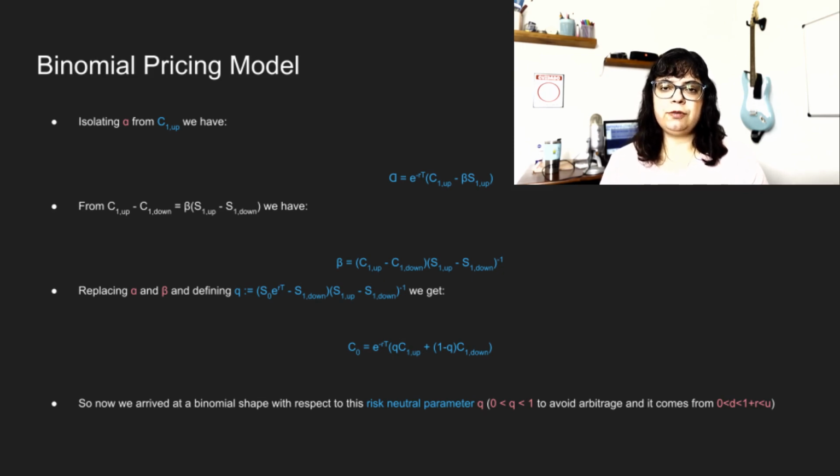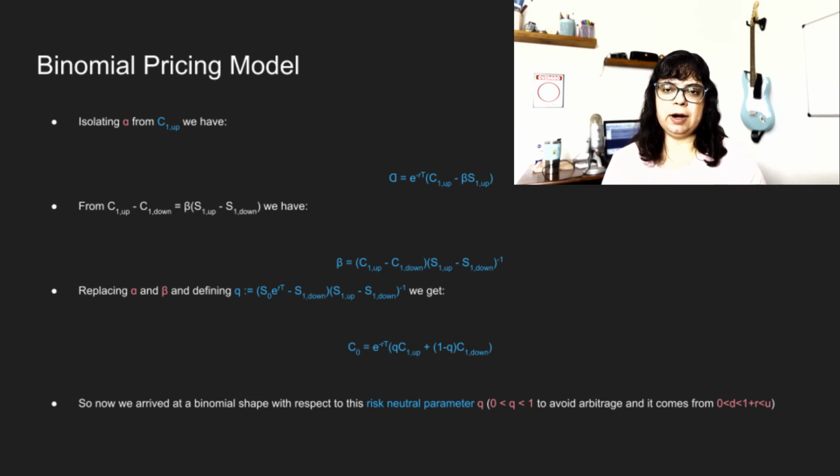And from the difference between the call option in the up direction minus the call option in the down direction, we can isolate beta, and beta can be written as the expression that you see on the screen.